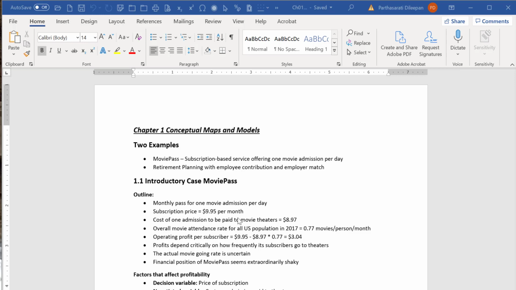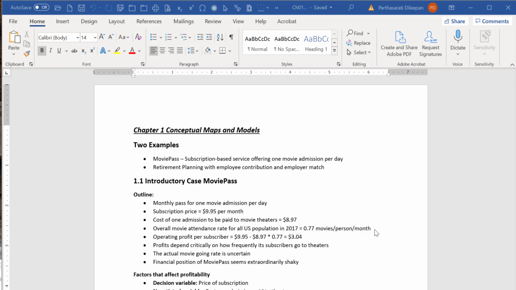So in that case, the overall movie attendance rate for the US population at that time, in 2017, was 0.77 movies per person per month.